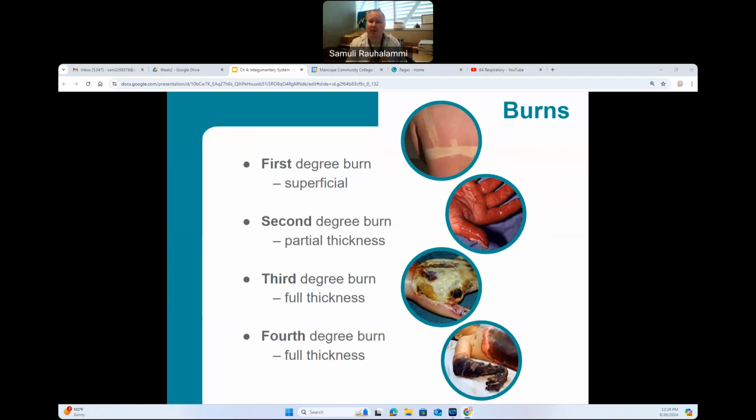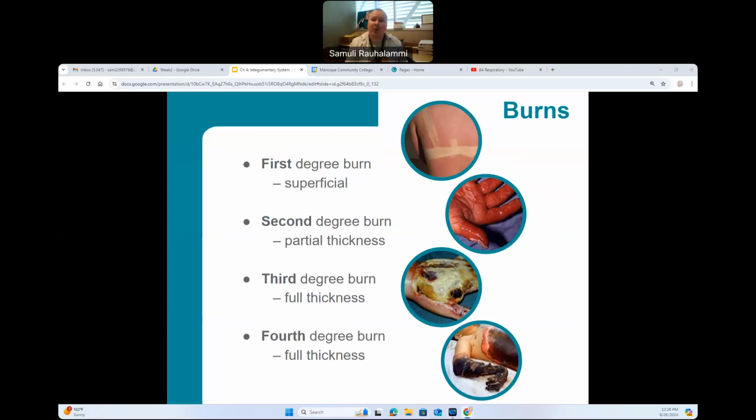As a result, the skin is again red and painful, but importantly, we're going to start to see blisters forming. On second-degree burns, regrowth of the epithelium is still possible, so as long as other things don't happen, like fluid loss or bacteria and viruses getting in, we do have a fairly decent prognosis.